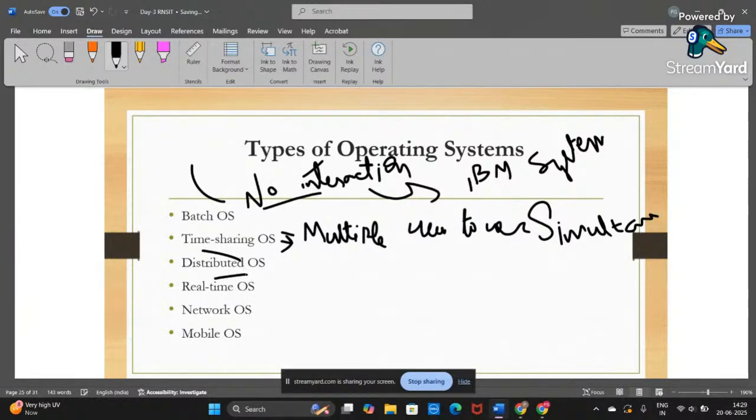Distributed OS means it manages a group of distinct computers and makes them appear as a single system.